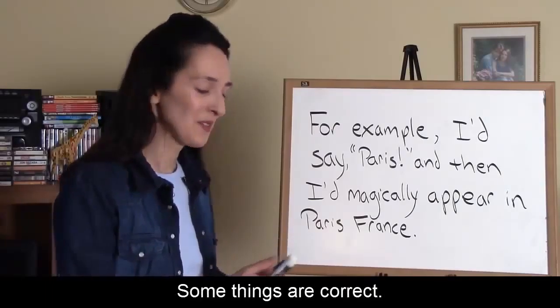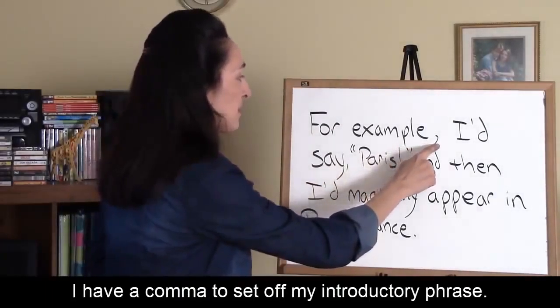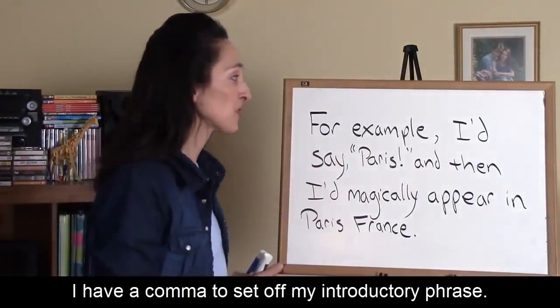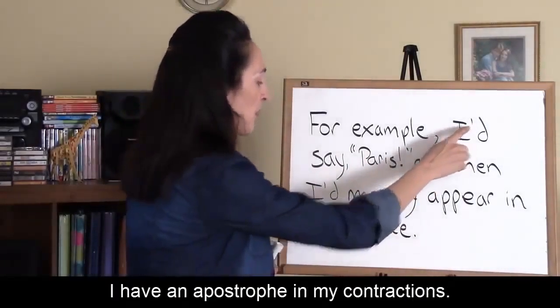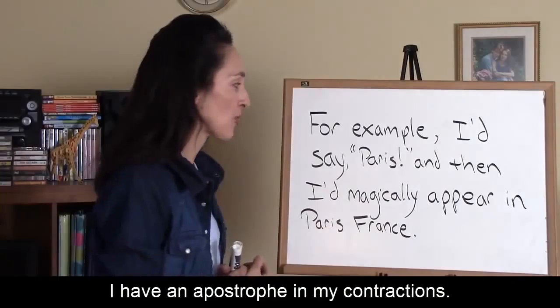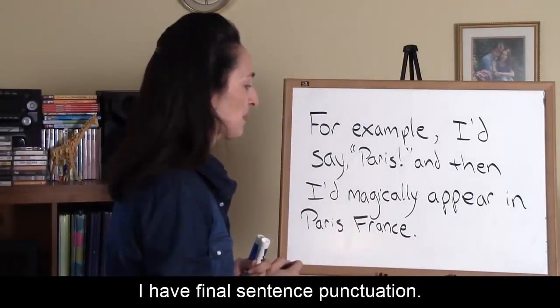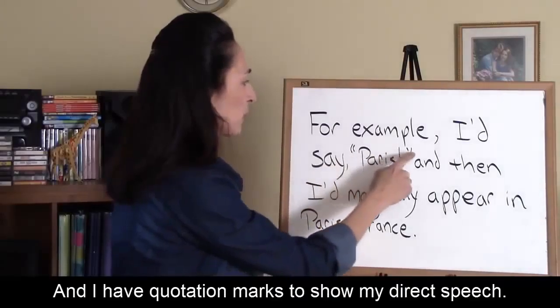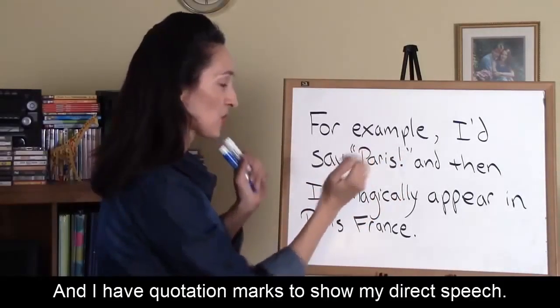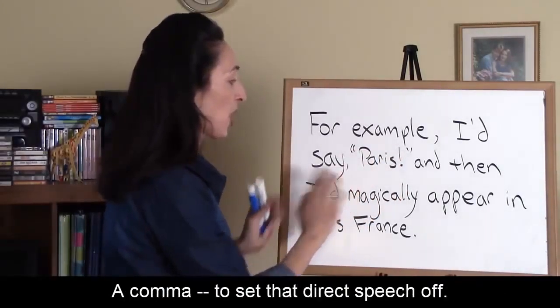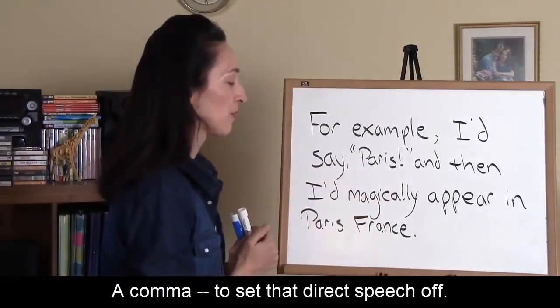Some things are correct. I have a comma to set off my introductory phrase. I have an apostrophe in my contractions. I have final sentence punctuation. And I have quotation marks to show my direct speech, a comma to set that direct speech off.